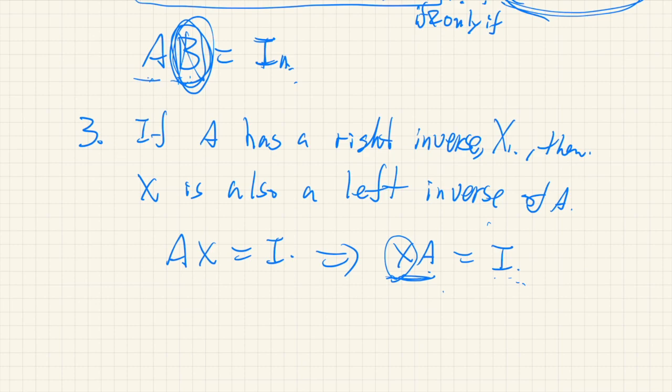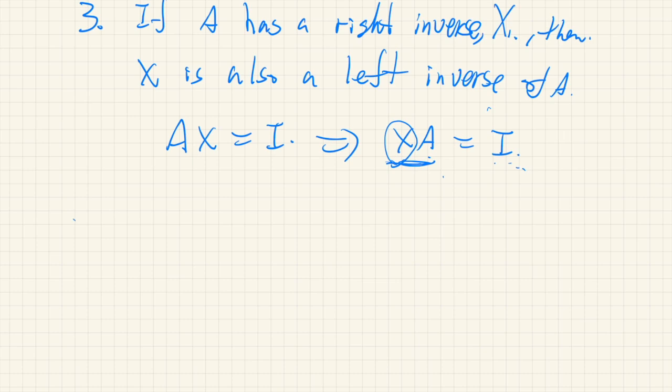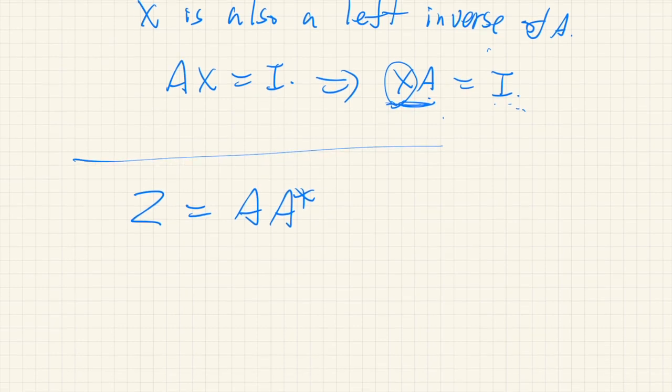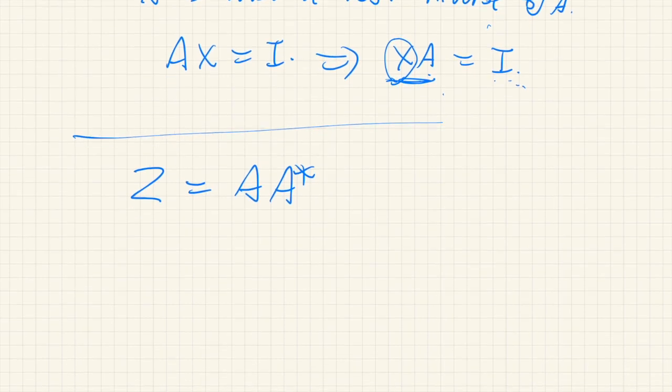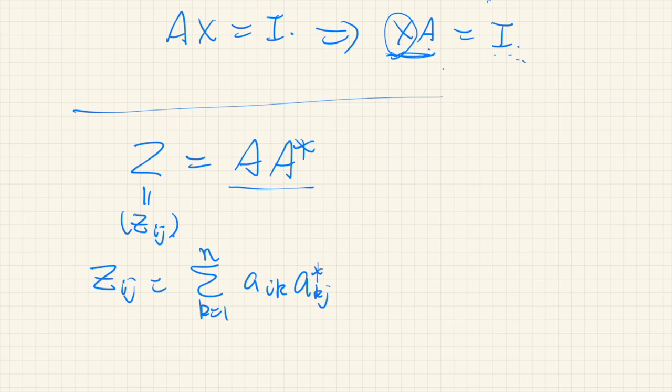Okay, so let's prove this, and first let's prove this one. So let's write Z as A times A star, and the element of Z is Zij. Okay, so Zij is given by this, the sum over k equal to 1 to n of aik and A star kj.